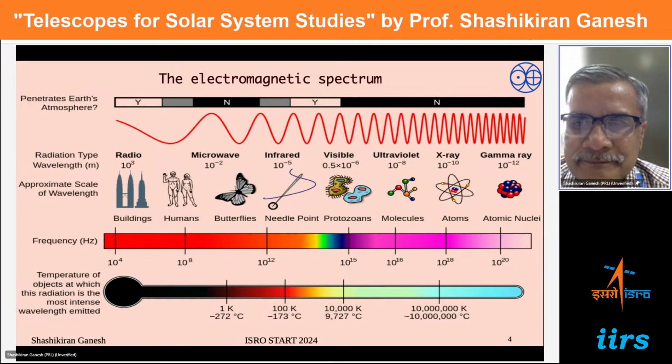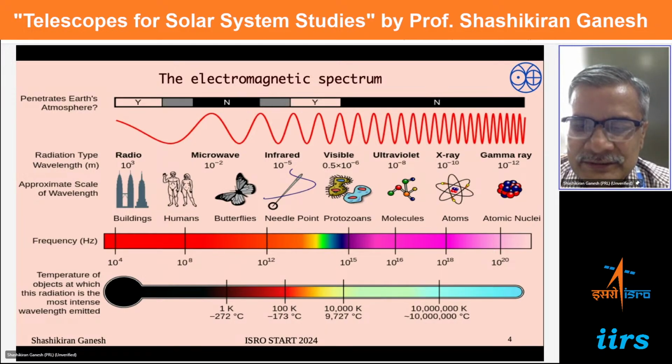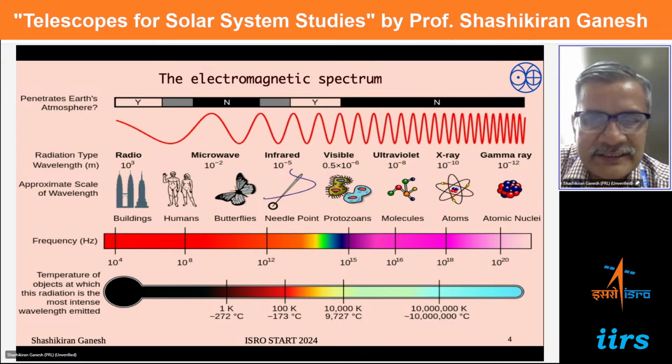And what you get from each waveband is something quite different. So in order to have holistic information about the entire universe, you need to study it at all possible wavelengths that you can have access to. Which brings me to the next question of how many of these are actually observable from the ground.